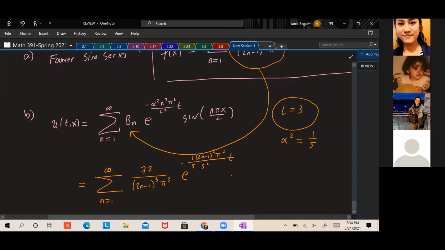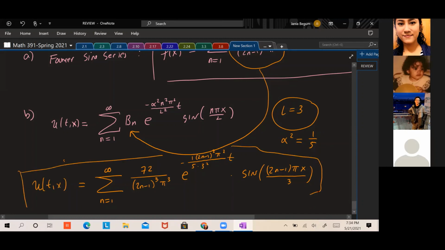This will get multiplied by sine of n pi x over 3, where n is again odd, so sine of (2n minus 1) pi x over 3. Then you just simplify those numbers, 3 squared times 5, whatever that is. So that will be the setup for the heat equation.